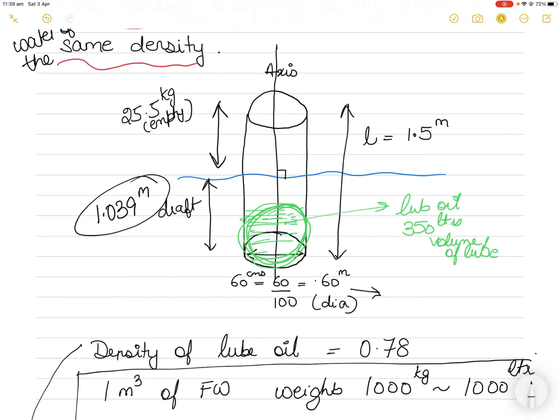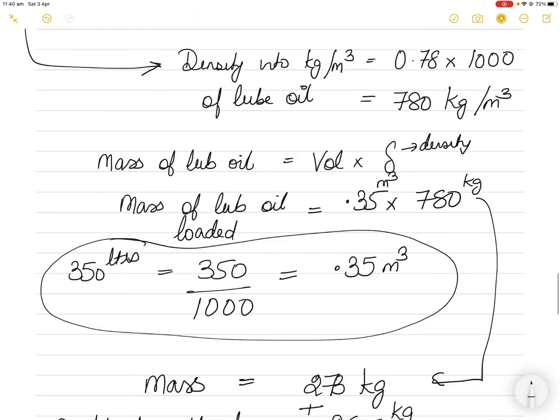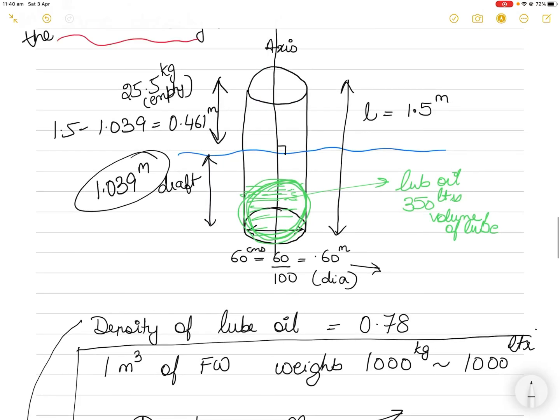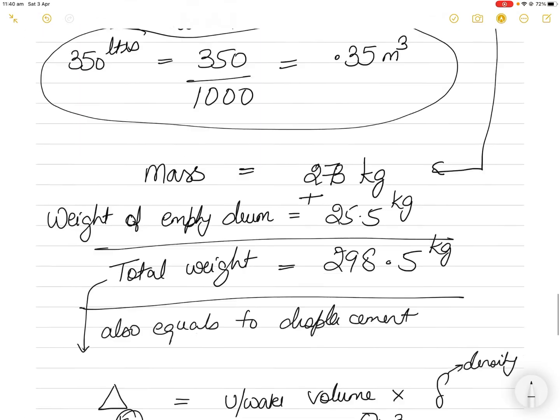That will give me the air pockets, right? So the remaining length will be what? 1.5 minus 1.039, which is equal to 0.461 meters, right? So this is the length remaining above the surface, correct? So if you think about it, 0.461 out of the total length 1.5 meters, that will give me the reserve buoyancy.